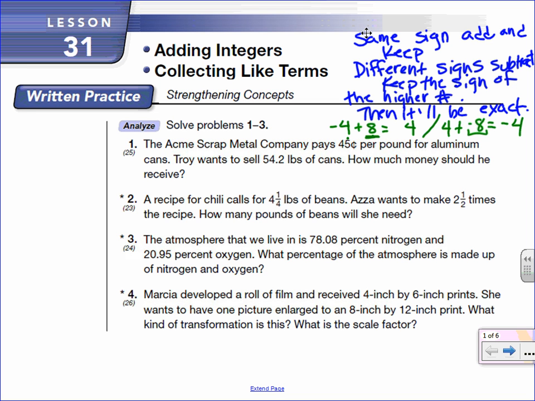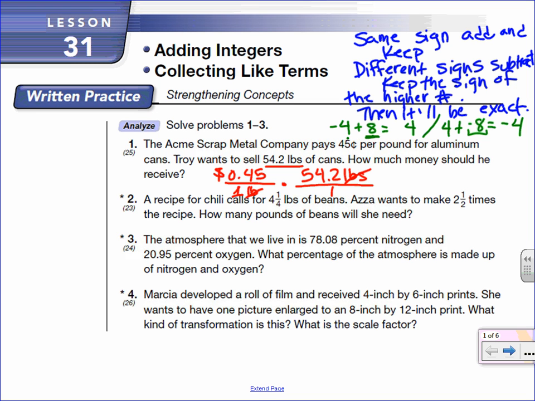The Acme Scrap Metal Company pays 45 cents per pound for aluminum cans. Troy wants to sell 54.2 pounds of cans. How much money should he receive? So if I have 45 cents per pound, and I have 54.2 pounds, that means that's going to go on the top of the next fraction, so that it can cancel with the pounds on the bottom here.